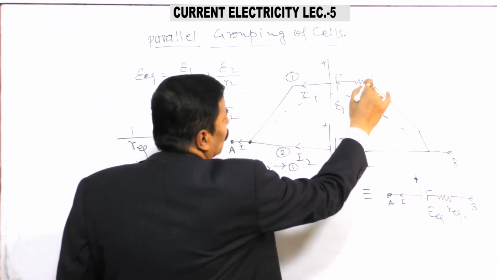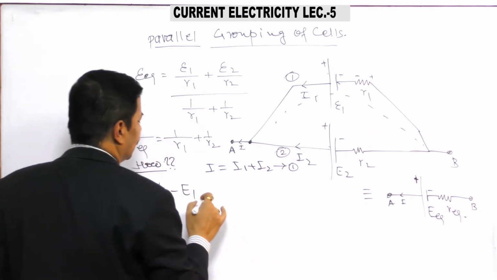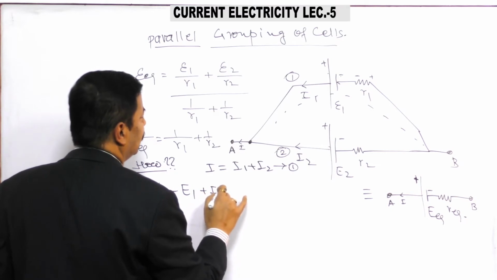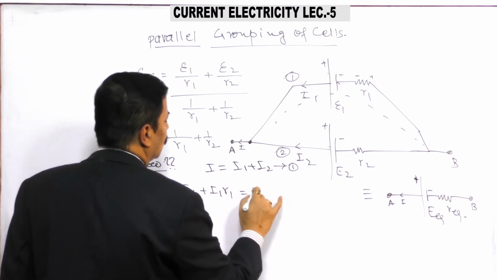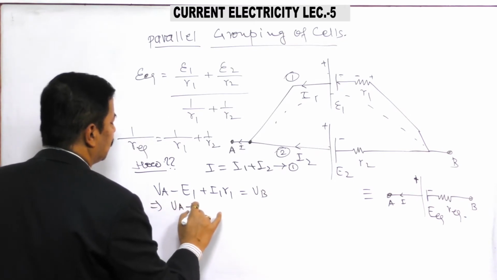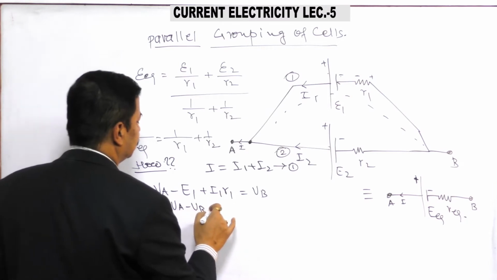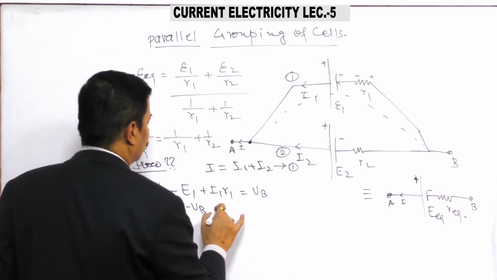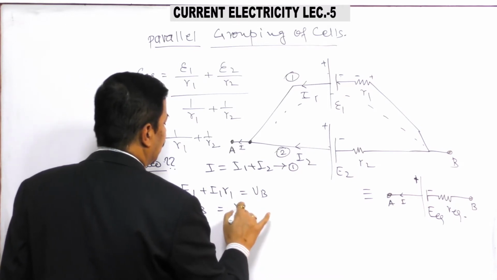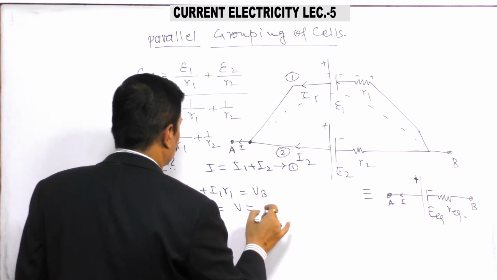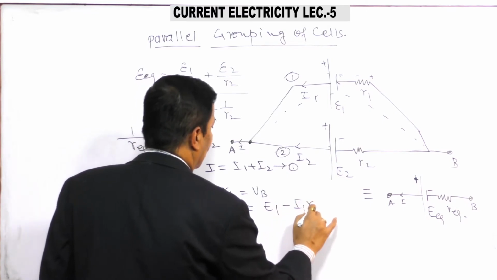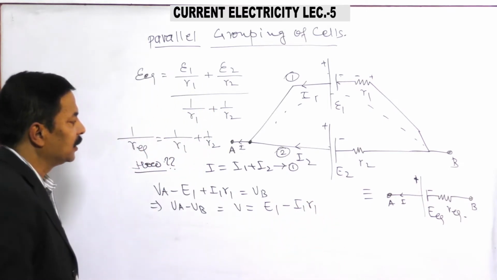The current has this direction, so this is plus, this is minus, so an increase, that is plus I1 R1 is equal to VB. So VA minus VB, that is V, is equal to E1 minus I1 R1. Can we write it this way?